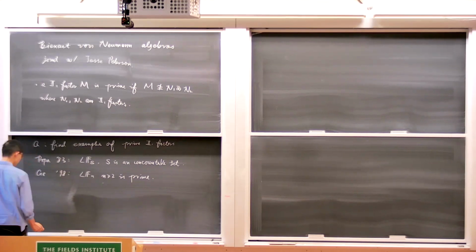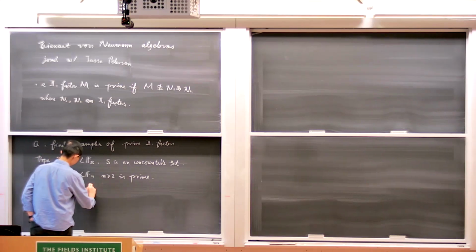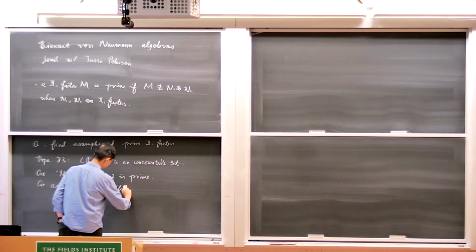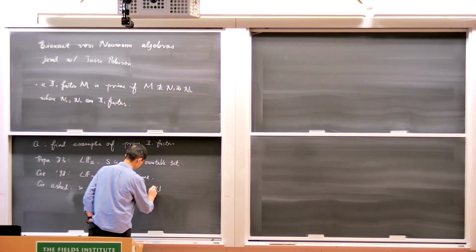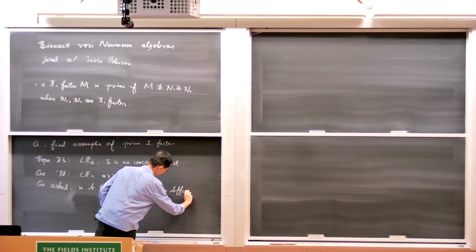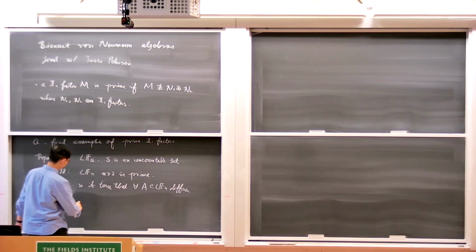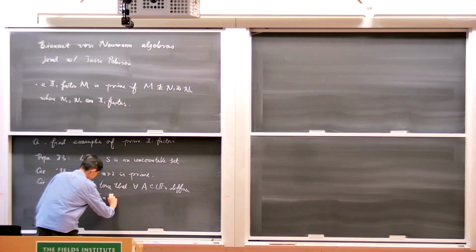Ge asks, is it true that for every diffuse subalgebra inside a free group factor, its relative commutant is amenable.